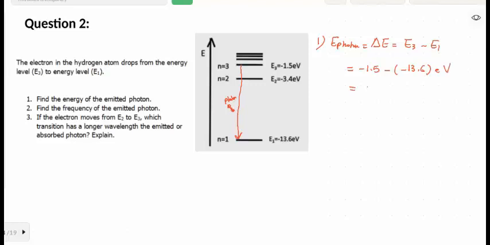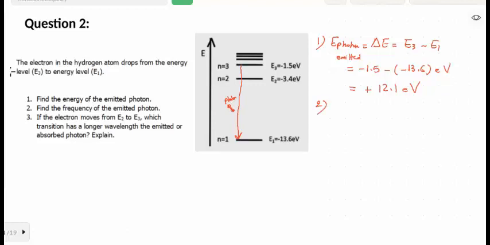So the answer will be positive 12.1 electron volt. So this is the energy of the photon emitted when the electron makes a transition from E3 to E1. Part number 2.